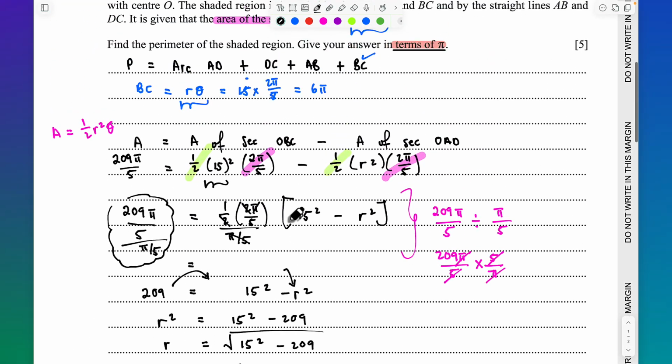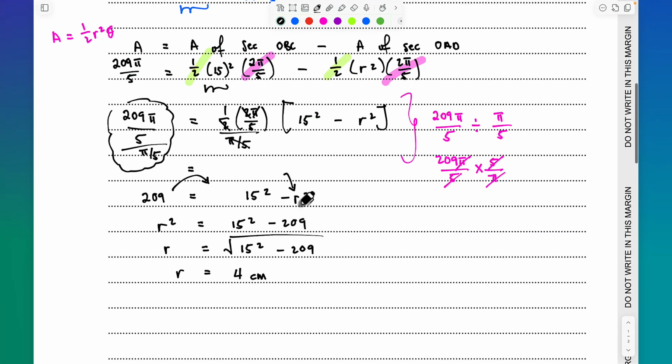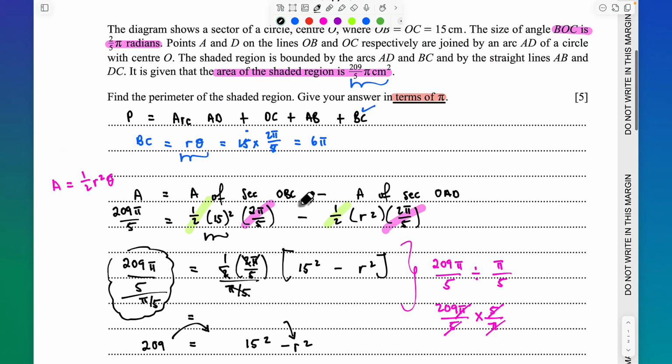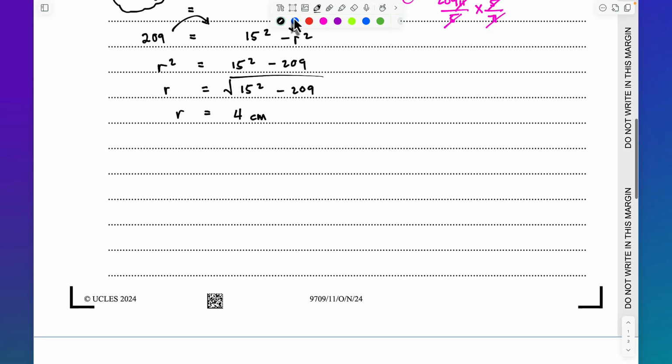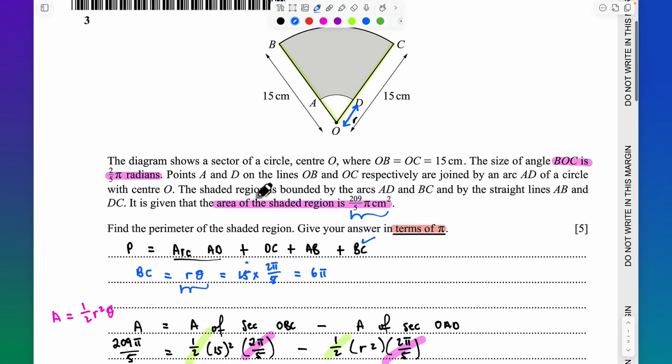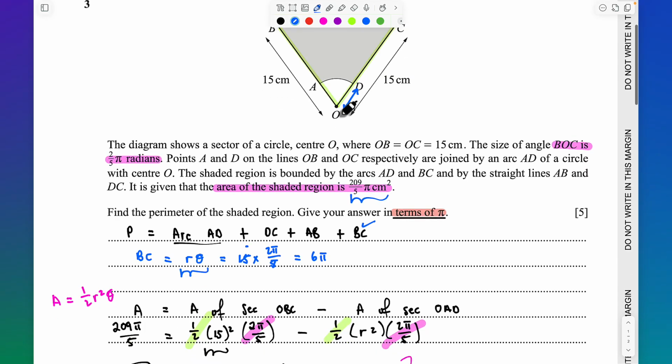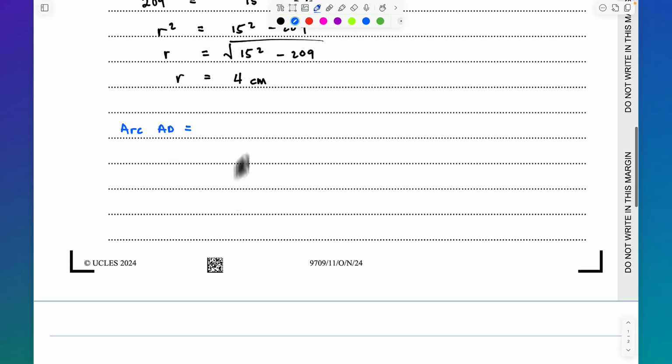So we've got that smaller radius, which means now we can go back to our initial problem. Our initial problem was we couldn't find the arc AD, we couldn't find DC, we couldn't find AB. So now we get back to those. So the arc AD is equal to r times theta. Now we know what our radius is.